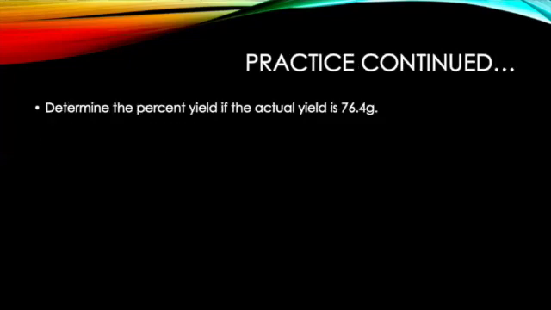So practice question continued, if we are still using the same data from the previous question. The question asked, determine the percent yield if the actual yield of carbon dioxide is 76.4 grams.